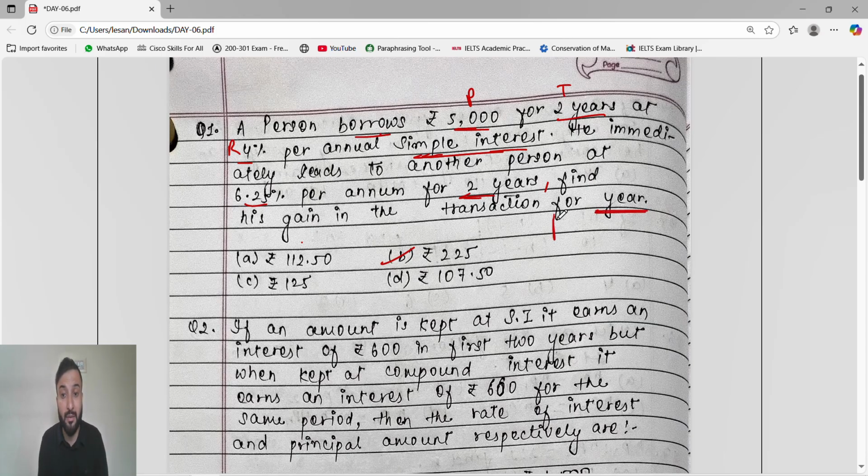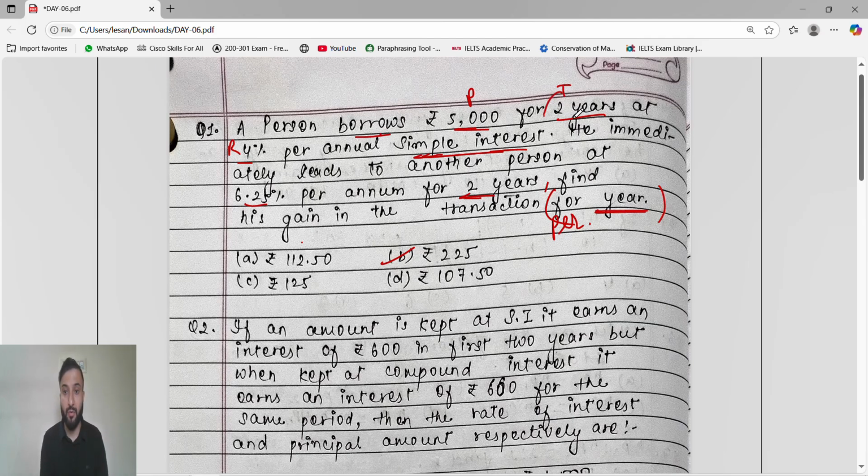For year means nothing but per year. Understand, this is the important thing, because if they say find his gain in the transaction, or find his total gain in the transaction, or find his gain in the whole transaction, then 225 rupees is the final answer.